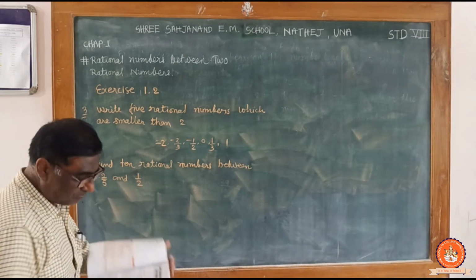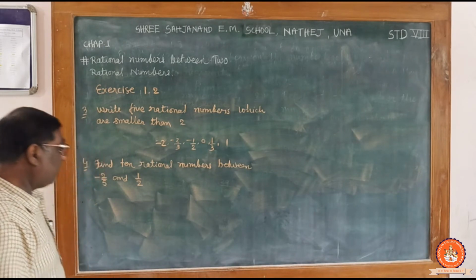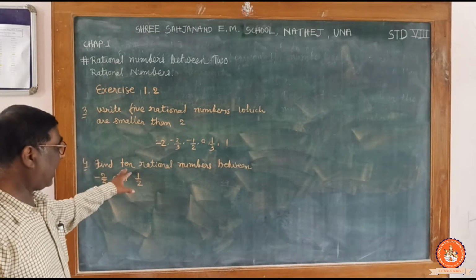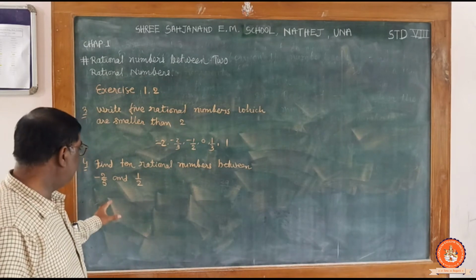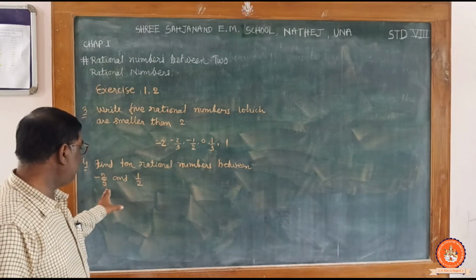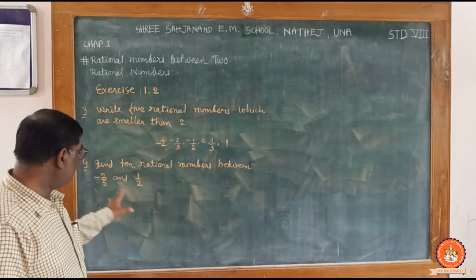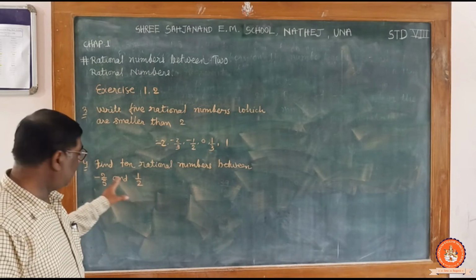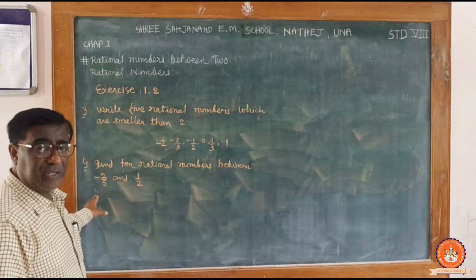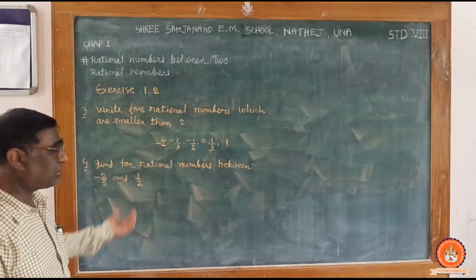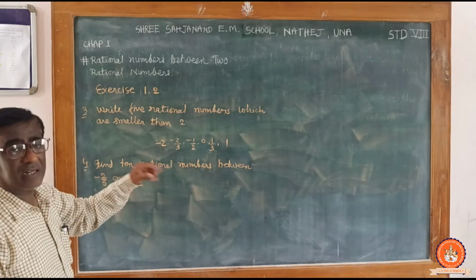Okay, my friends. We want to insert 10 rational numbers between minus 2 by 5 and 1 by 2. So these are the two numbers between which we want to insert 10 rational numbers.